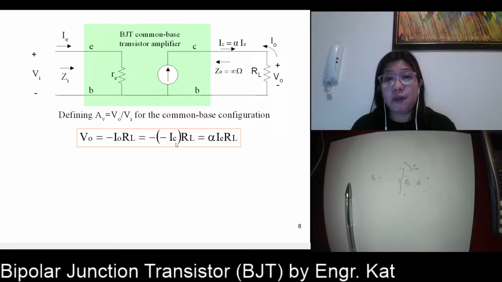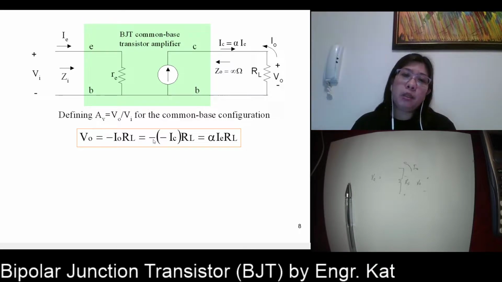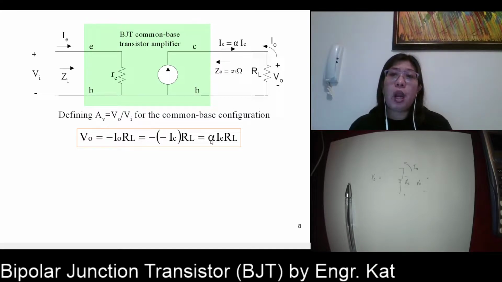The negative sign is because IC is moving towards the right while IO is towards the left. But since IC is dependent on IE, we can say that IC is also equal to alpha multiplied by IE. So we have a negative sign here, and we have here positive.